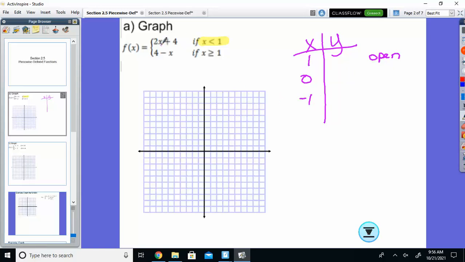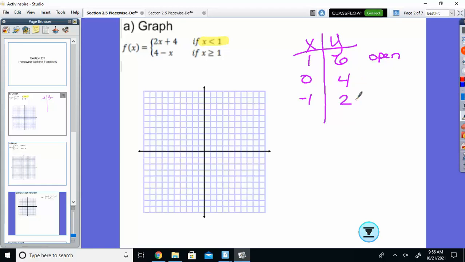If I put in a 1, 2 times 1 plus 4 gives me 6. If I put in a 0, we would get 4. If you put in a -1, we get 2.